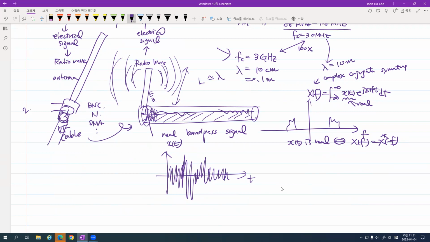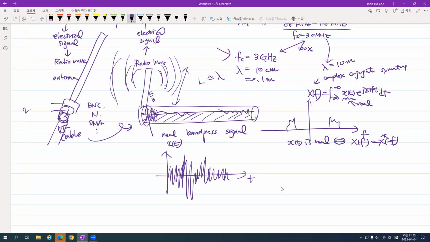So whenever we have radio communication, we have an antenna that converts our signal generated by the electrical system to a radio wave. And another antenna in the receiver part converts the radio wave into an electrical signal so that your electrical equipment can process the signal, right?